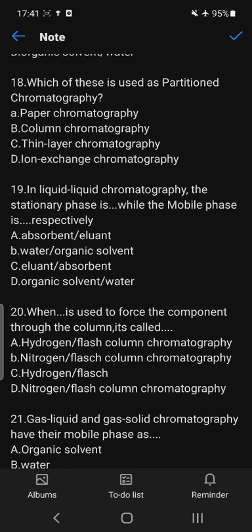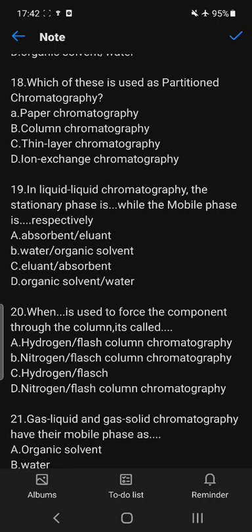The stationary phase is water while the mobile phase is organic solvent. Respectively means look for the one that was mentioned first. Stationary was mentioned first before mobile phase. That is enough, the word respectively. Look at the options.